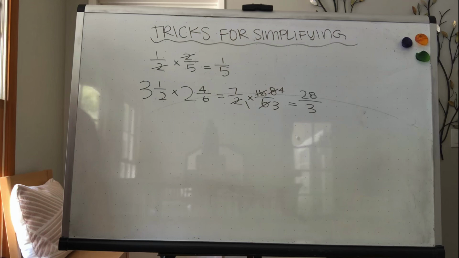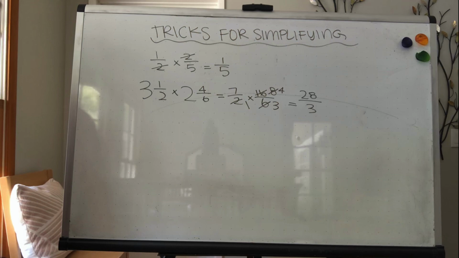And so when you cancel it out, the 2 becomes a 1, the 16 becomes an 8. But you can still simplify more. So you can take 2 out of 8 and 6. So then when you divide 8 divided by 2, that'll be 4. And then 6 divided by 2 is 3. So that'd be 4 over 3.